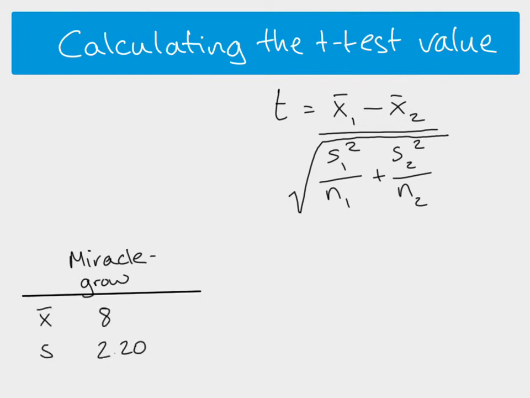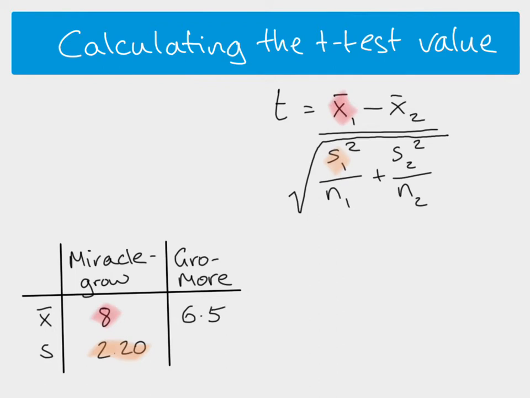So we have calculated previously our standard deviations for both sets of data. Miracle-Gro has a mean of 8 and a standard deviation of 2.20. Growmore has a mean of 6.5 centimeters, which would go up there, and then a standard deviation of 1.80. So you can see up here where we would plug those numbers in.